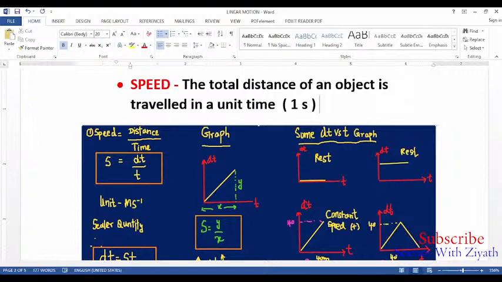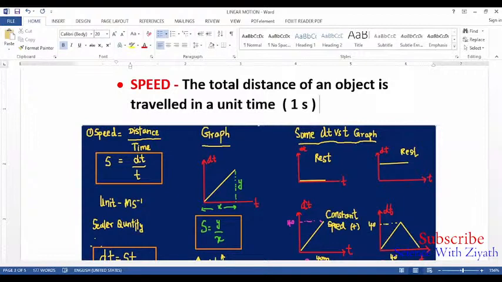What is actually? If you travel 100 meters in 50 seconds, how many meters do you travel in 1 second? For example, 2 meters. 100 meters in 25 seconds, in 1 second, 4 meters. 100 meters in 10 seconds, in a second you will walk what? 10 meters.